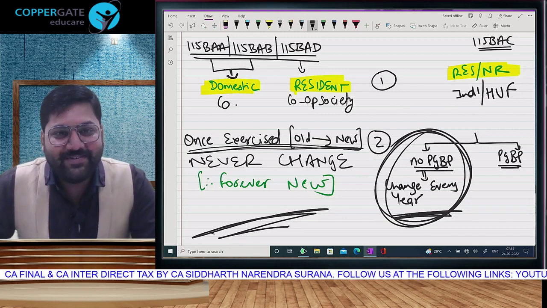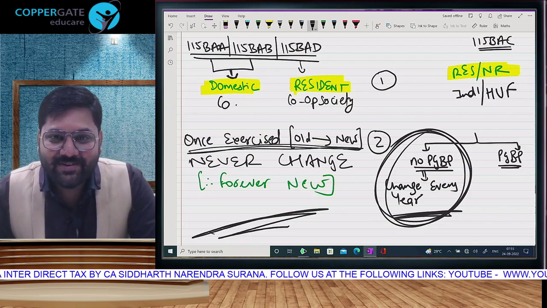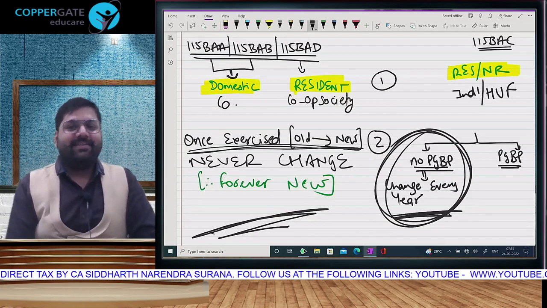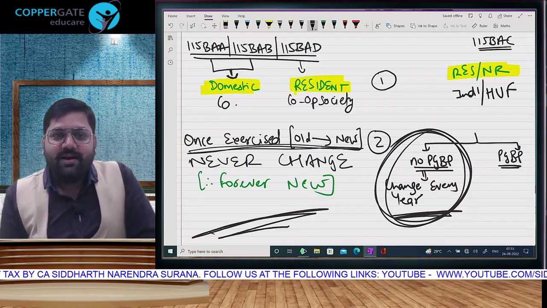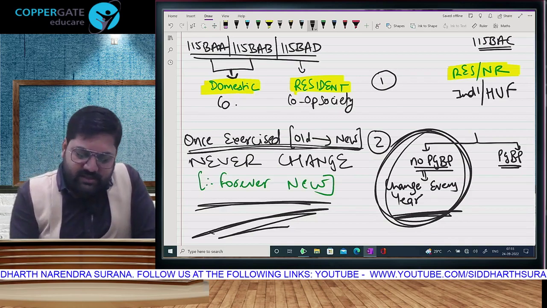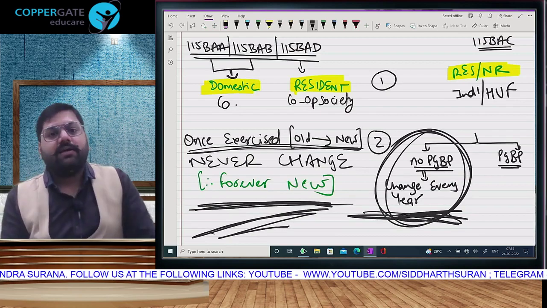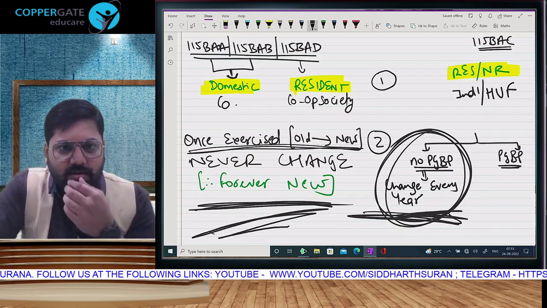Do it back to show that you have understood. Understood, no? Yes, we'll make a reel of this. Understood, everyone? So this is also easy. This is easy. Once taken, can never change. This is easy. You can change every year.